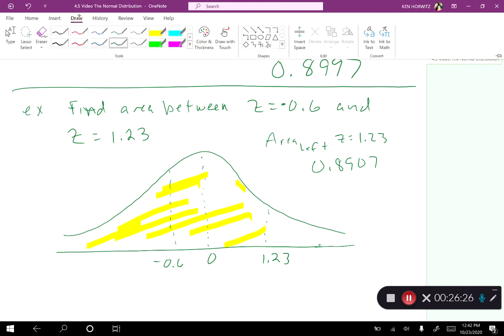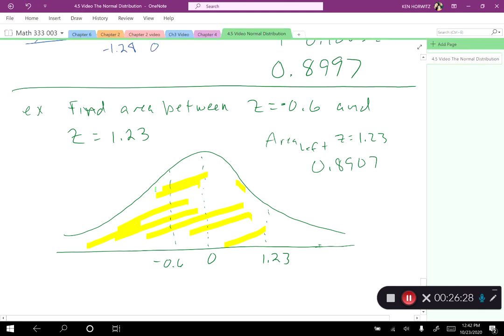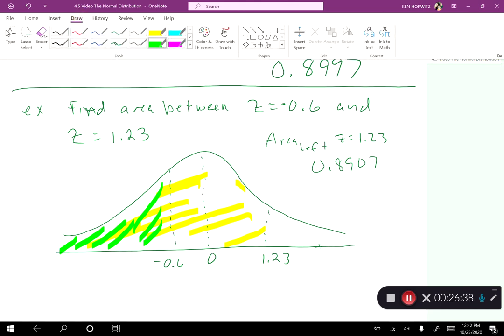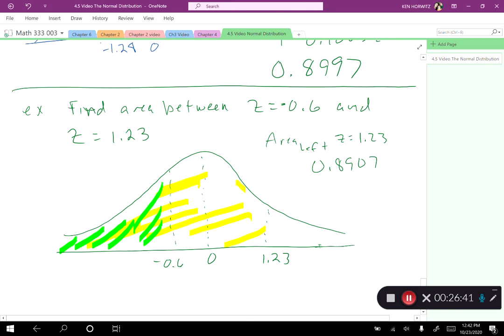All right, then I want to look up negative 0.6. With negative 0.6, I'm going to find the area of the green section. All right, and when I look that up, go back to blue, I like blue. So area z equals negative 0.6, I got 0.2743.